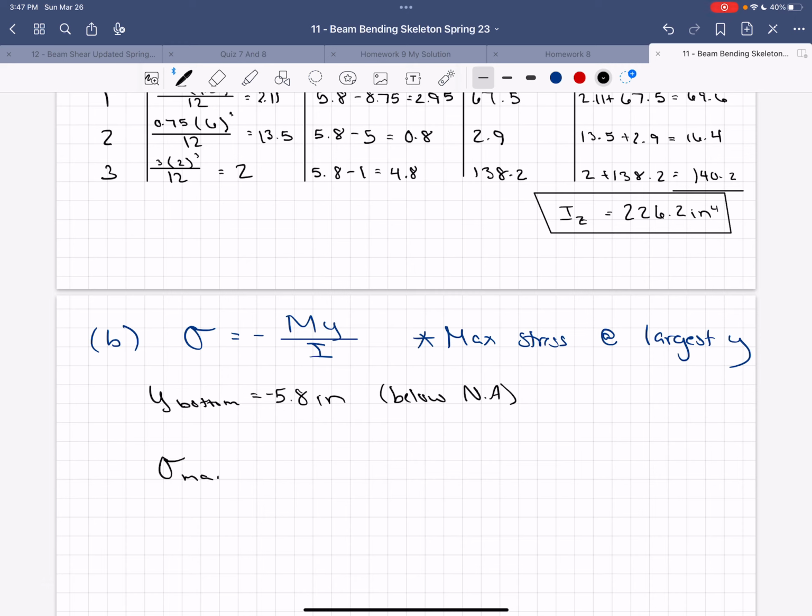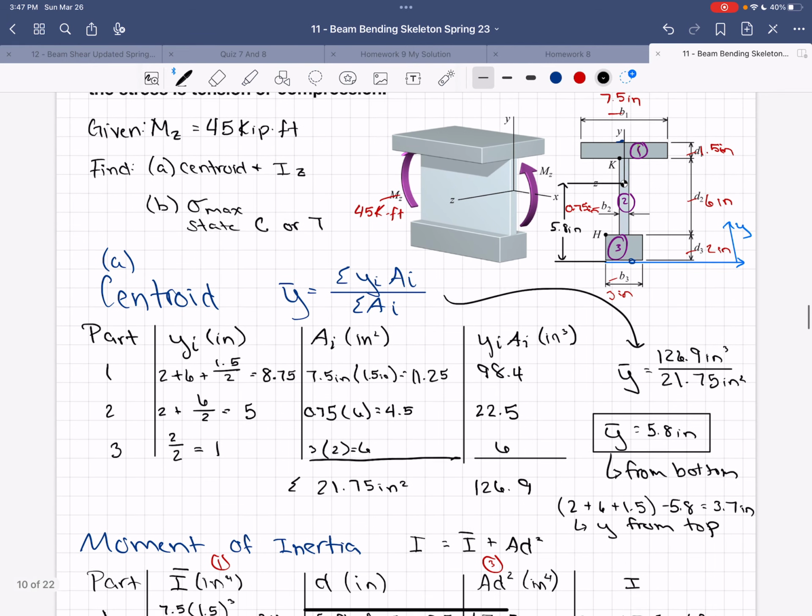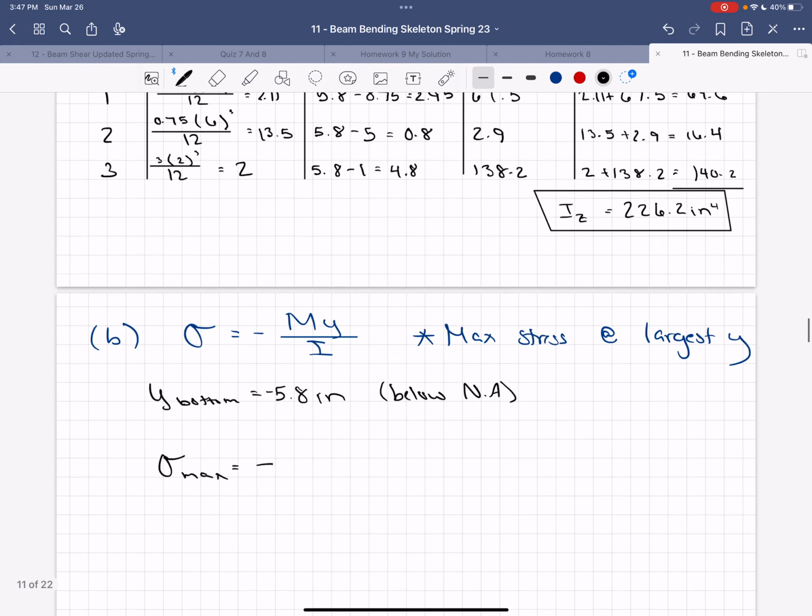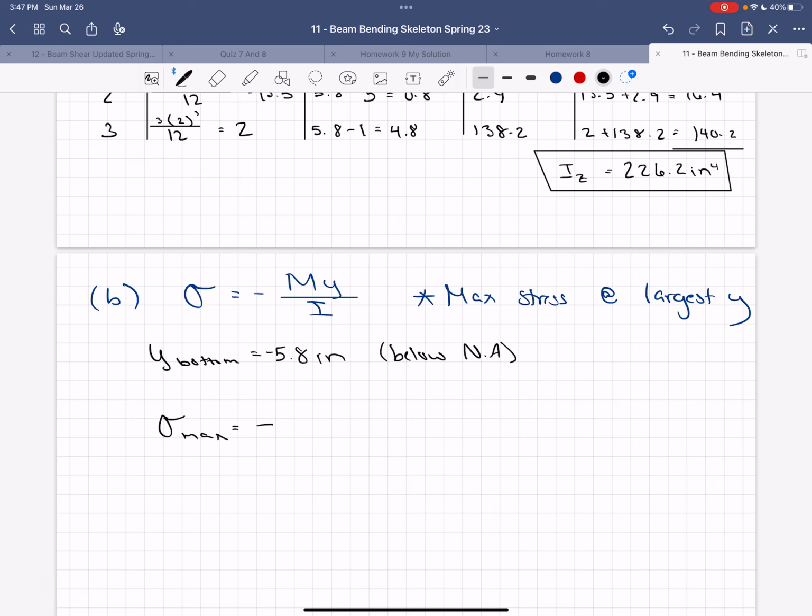Sigma max equals negative. The moment is 45 kip feet and it's positive. 45 kip feet, we're going to change that to inches, 12 inches per foot, times y of negative 5.8 inches all over I of 226.2 inches to the fourth.